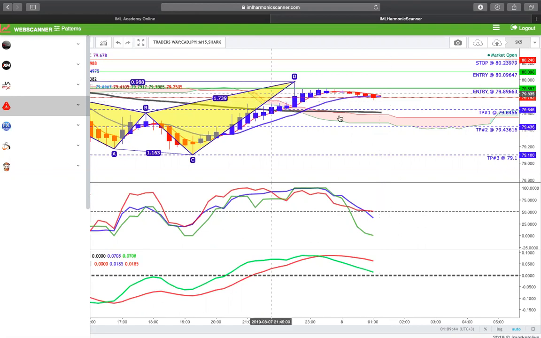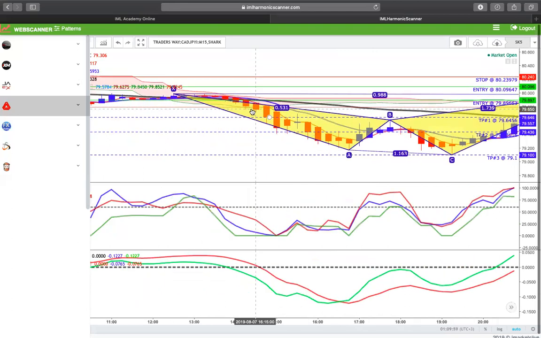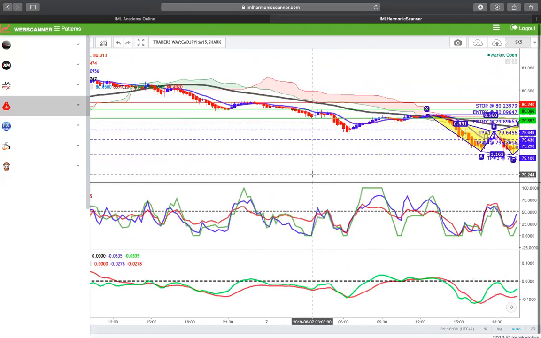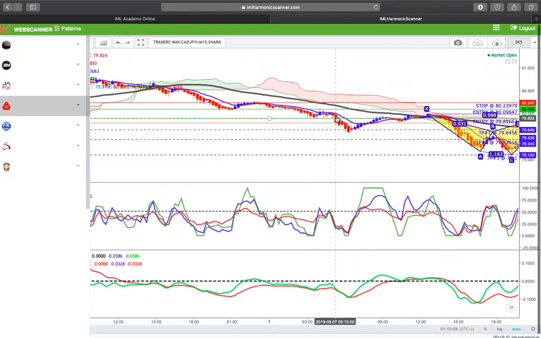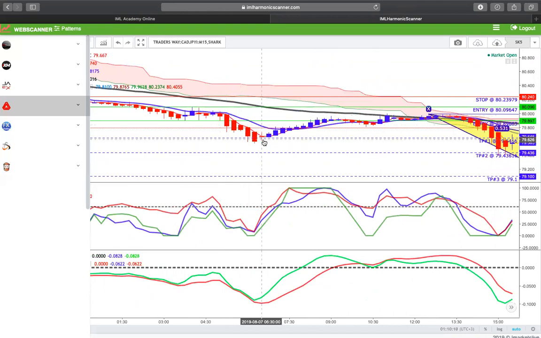If you're going for a sell, the red line does need to be below the blue. So let me find the sell option here. That's clear. Right. So right here, the red line has dropped below the blue EMA.